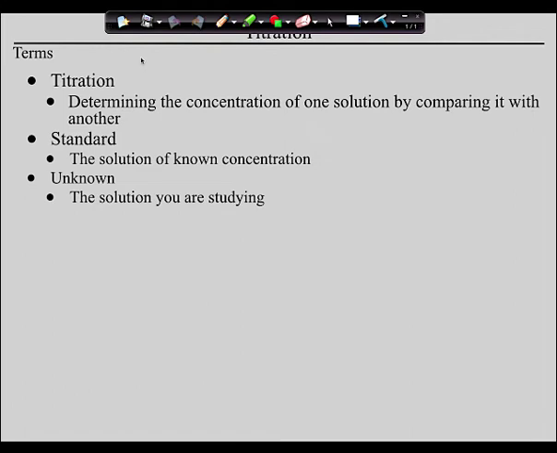Now, guys, there's one more thing we need to talk about for you to really understand this. And it's this. Okay, so the standard is the one that you know the concentration of, and the unknown is the one you're studying. So let's go back to me and the ruler. You ready?